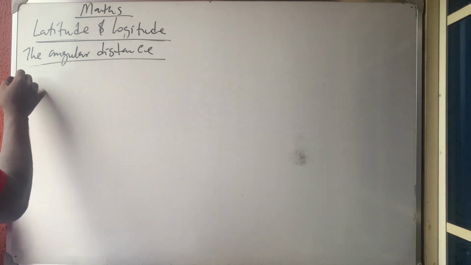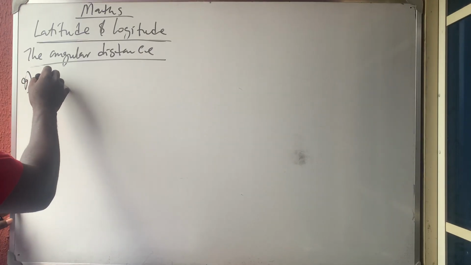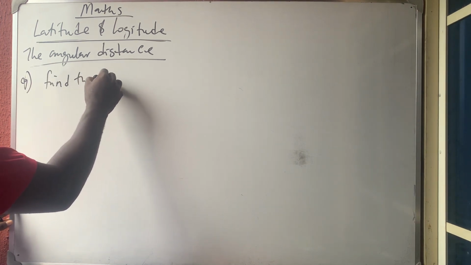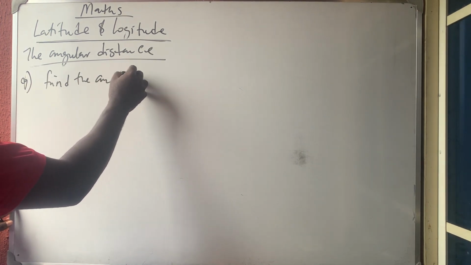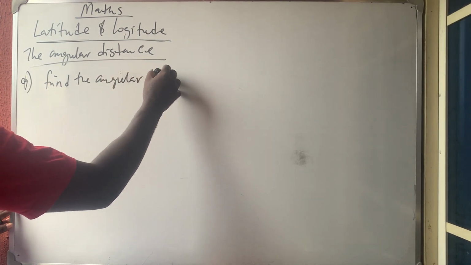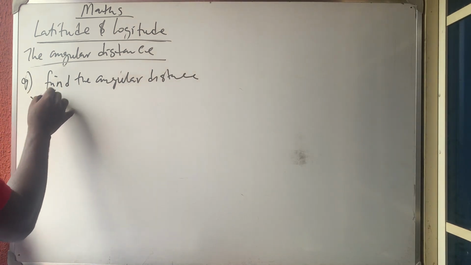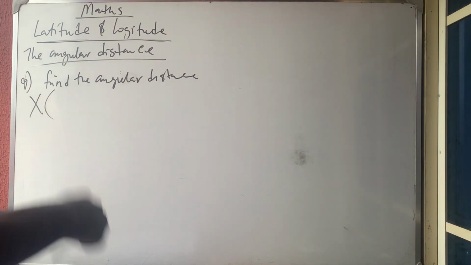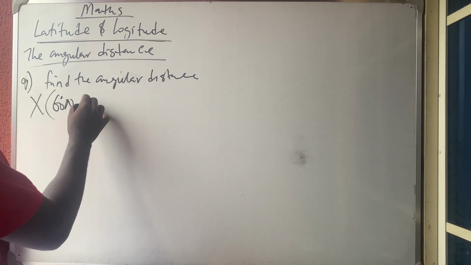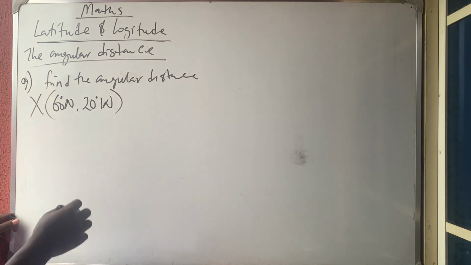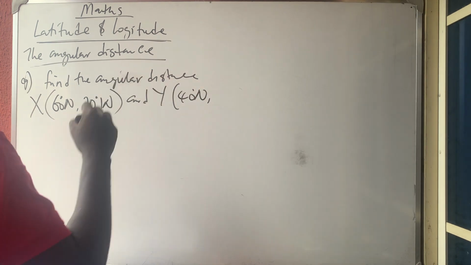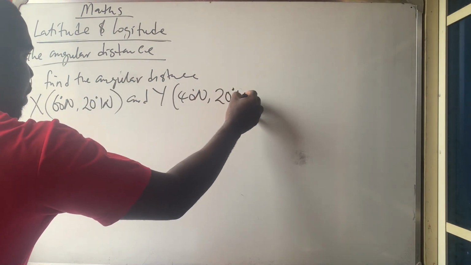Example 2 says find the angular distance between X and Y, where X is 60 degrees north, 20 degrees west, and Y is 40 degrees north and 20 degrees west.